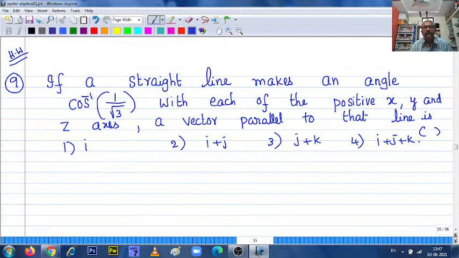Option C. Good try. Option 4. Good try. Where is Balaraju? What's your answer? Very good, Anna. Absolutely correct.